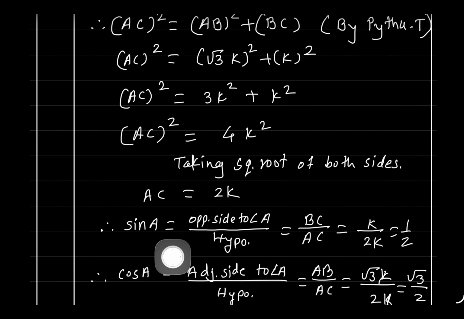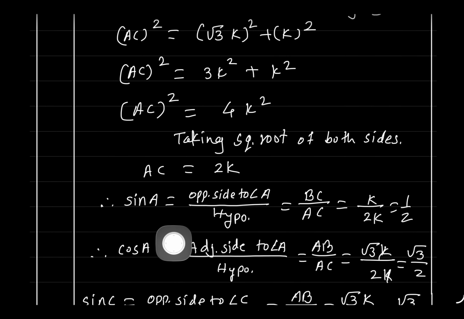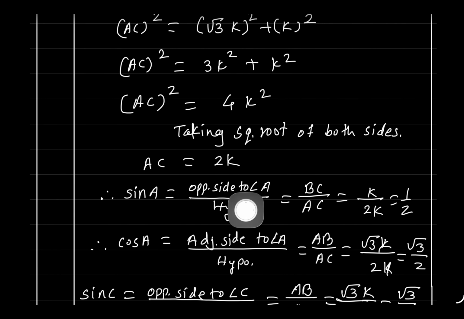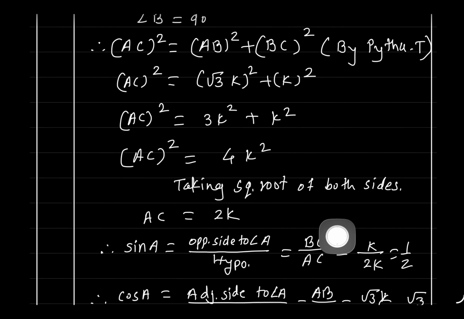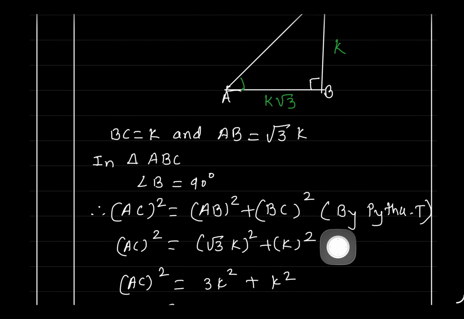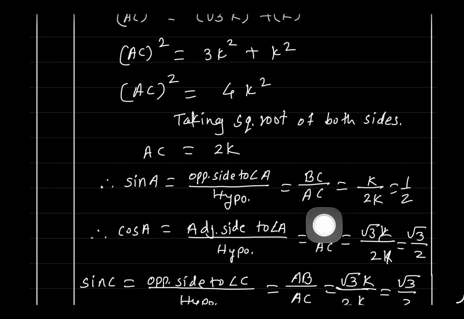Then, as I told you, we have to find sin A, cos A, whatever we want in that question. So sin A equals opposite side to angle A upon hypotenuse. The side opposite to angle A is BC. So BC upon AC equals K upon 2K.